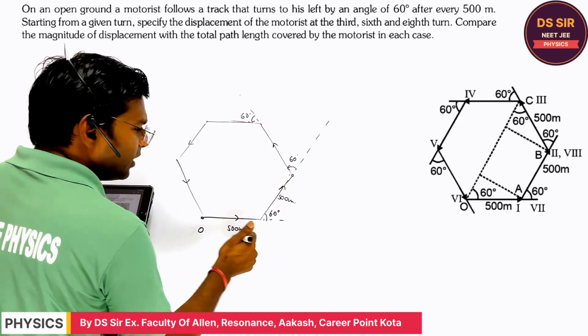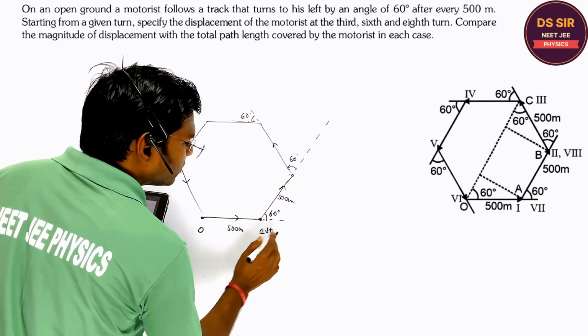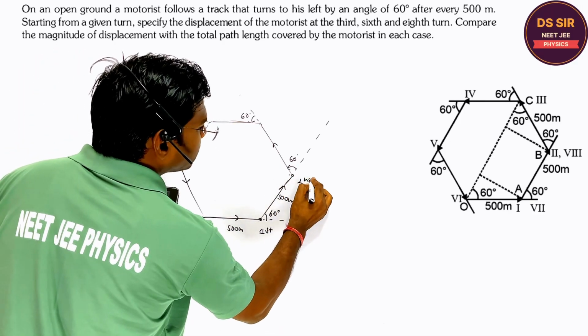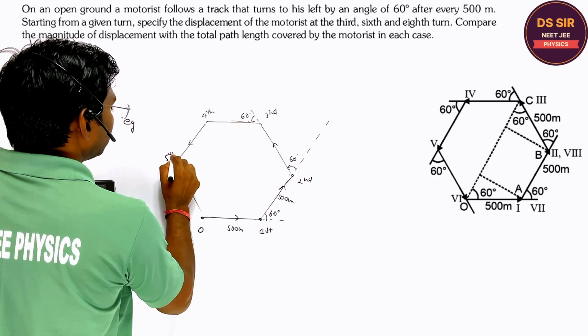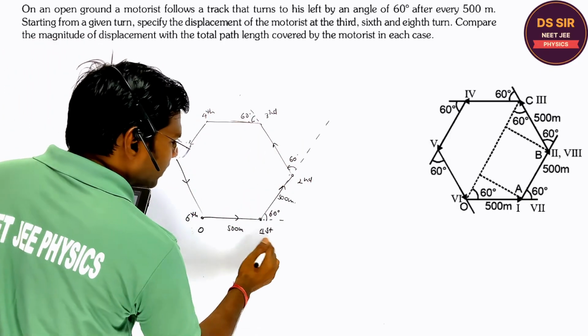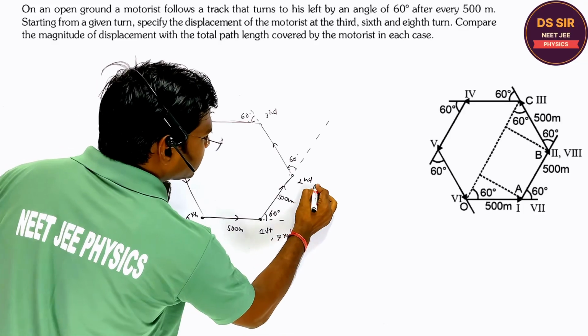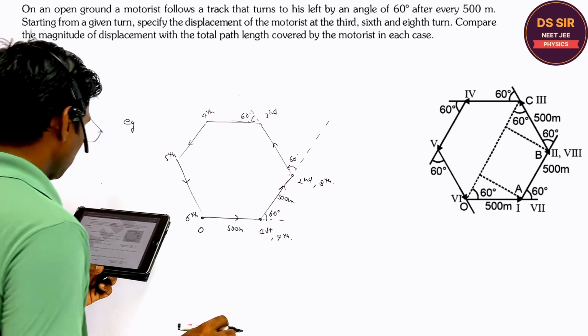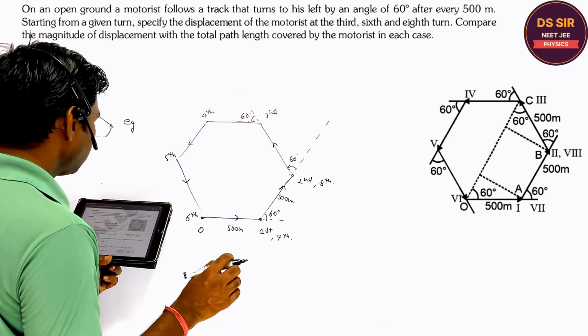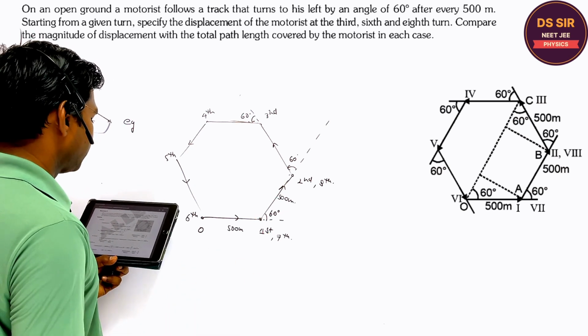Starting from here, this is the first turn, this is the second turn, third, fourth, fifth, sixth, then it is seventh again, and this is the eighth turn again. Are you getting it or not? According to the question, specify the displacement and the distance.